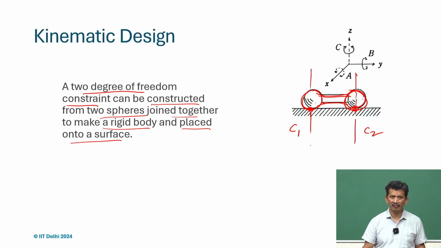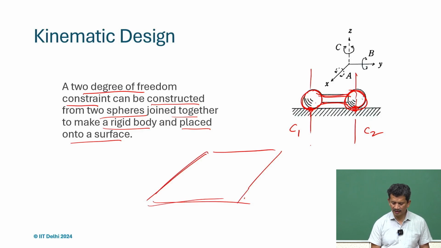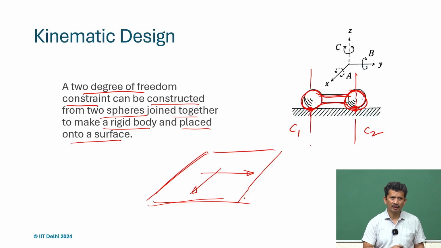What happens in this case? Again, if we place it on the flat surface, what we will see is it can move in x direction, can slide easily. Again, it is a frictionless surface. So, it can translate in x direction. Similarly, it can move in y direction. So, in x, y we can move it very easily. What are other things possible in this case?